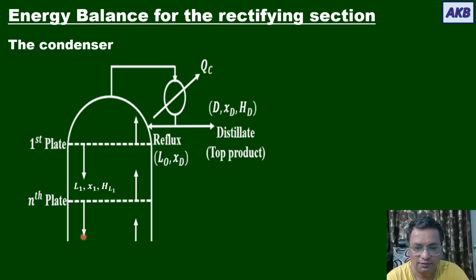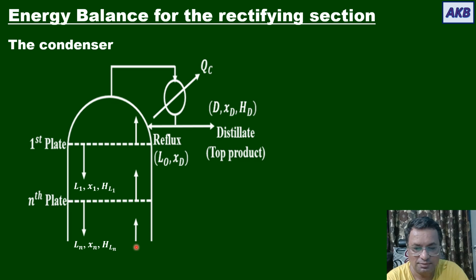Similarly, this is the liquid stream that leaves the nth plate. Accordingly, it will be identified as Ln, Xn and HLn. Ln being the molar flow rate, Xn the mole fraction of A in it, HLn is the enthalpy per unit mole for the liquid stream that leaves the nth tray.